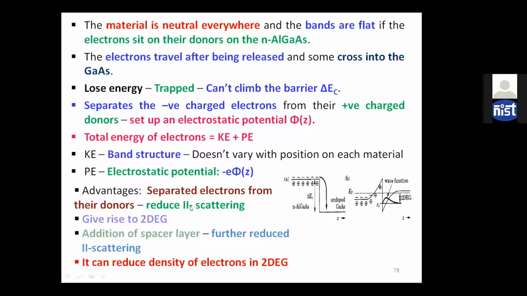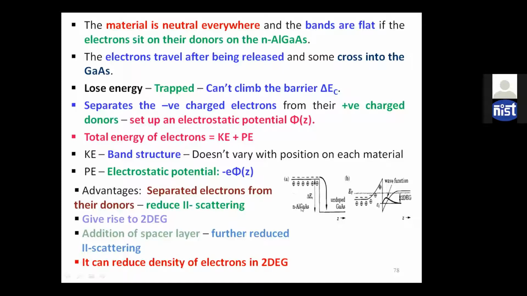If scattering is less, then it can give you high mobility. So by using this modulation doping concept, MOSFET and HEMT devices were made. Also, due to this technique, you get a two-dimensional electron gas here, so it also gives rise to 2DEG.